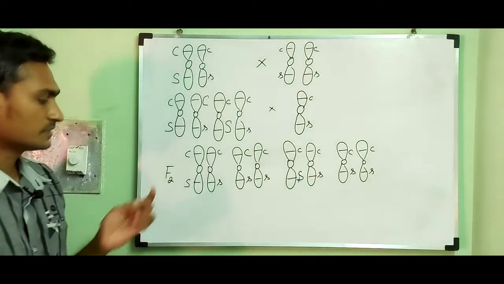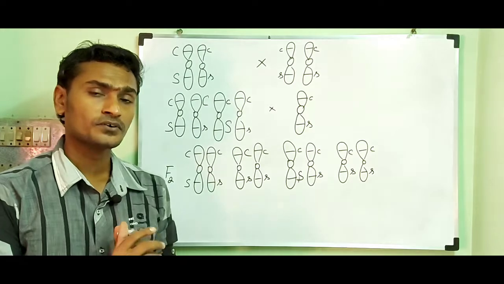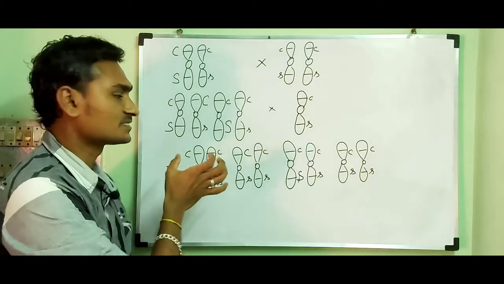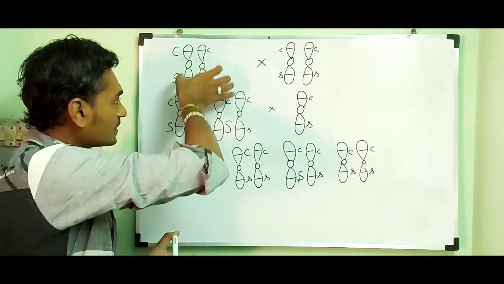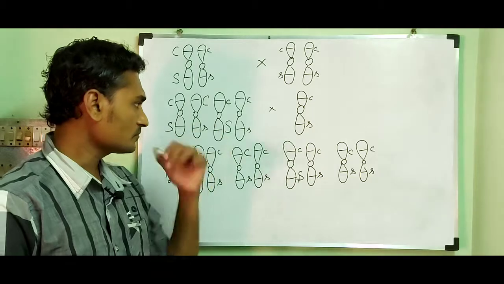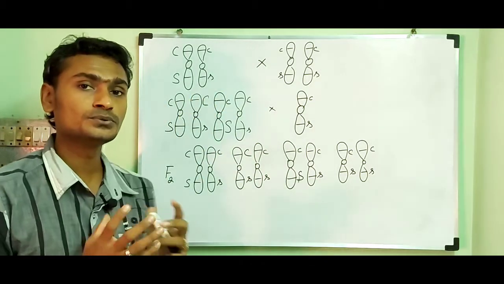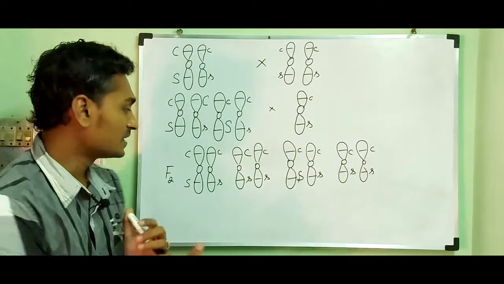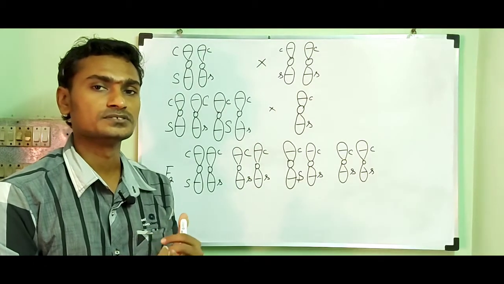Then this results in the development of 4 types of individuals due to the presence of crossing over, because the heterozygous dominant parent is able to produce 4 gametes due to crossing over. As a result, it can produce 4 types of individuals.